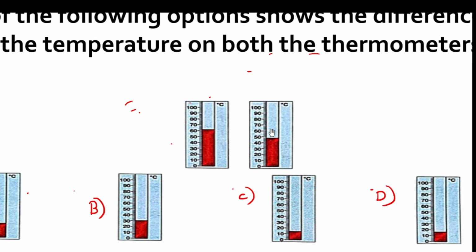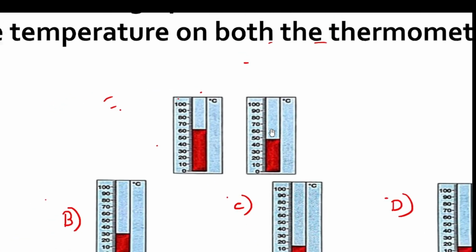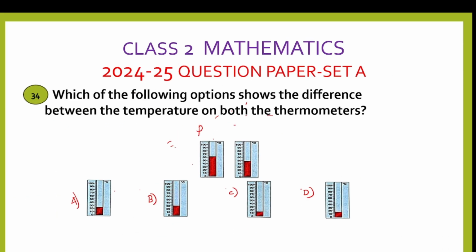So the temperature is 48 degrees. Consider this one as the P thermometer and this as the Q thermometer. P's temperature is 62 degrees Celsius, and Q's temperature is 48 degrees Celsius.